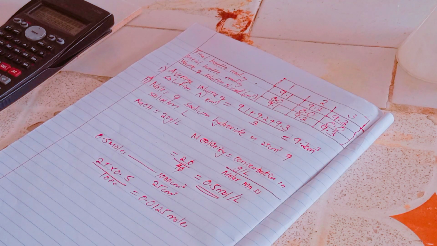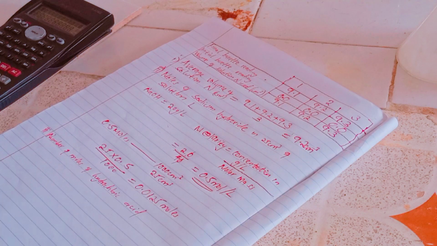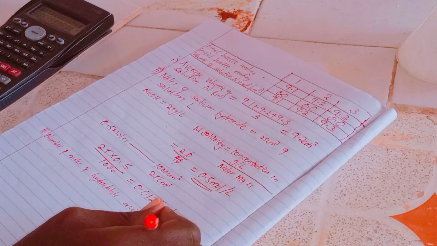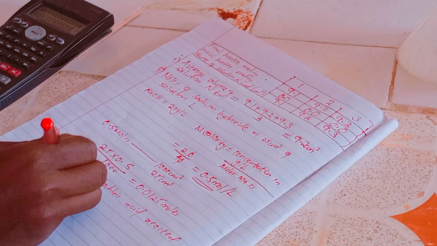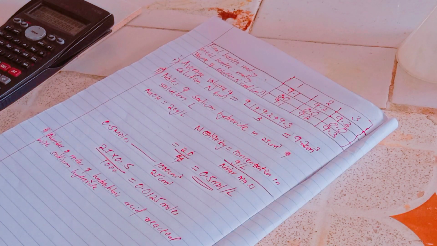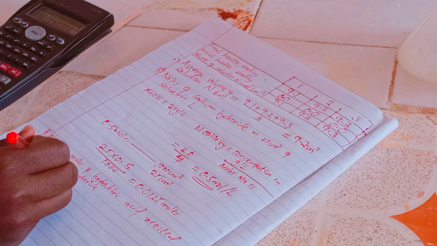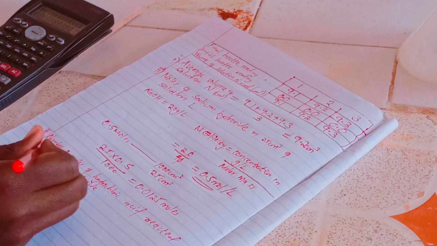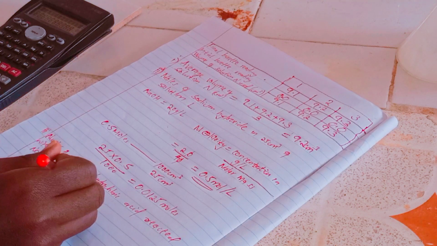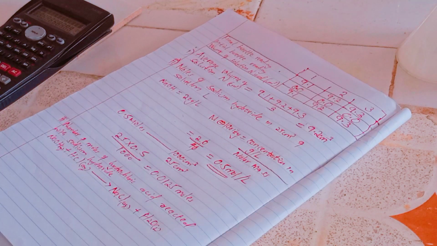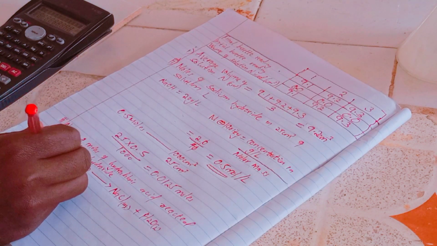Now next question. Calculate the number of moles of hydrochloric acid reacted with sodium hydroxide. You write the equation for the reaction, that is sodium hydroxide, NaOH aqueous, plus hydrochloric acid, HCl aqueous. The mole ratio is 1:1.